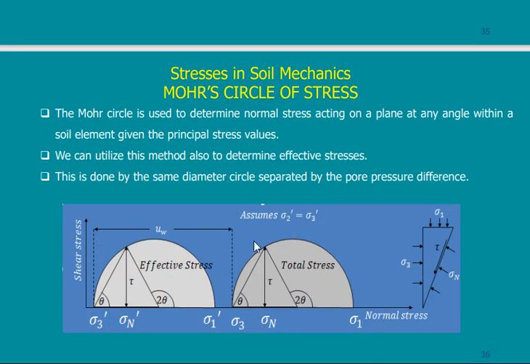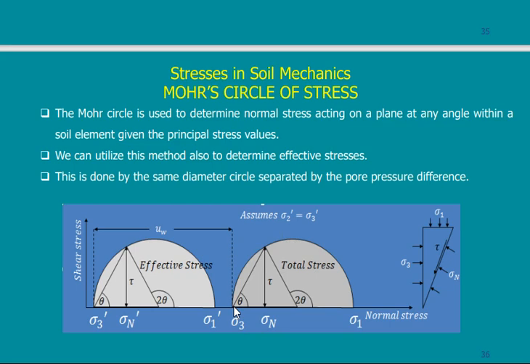From this point, go horizontally, cut this point in here, then this is the value of shear strength of soil that should be there so that the soil can take sigma 1 and sigma 3. If I have in the soil sigma 1 and sigma 3 less than that, what will happen is that my sample will be sheared.